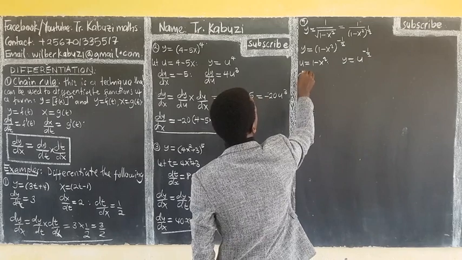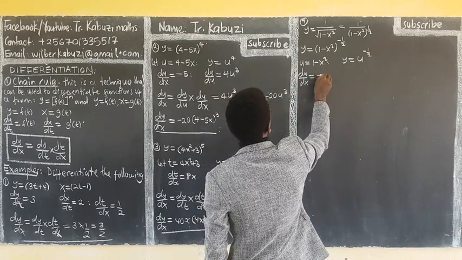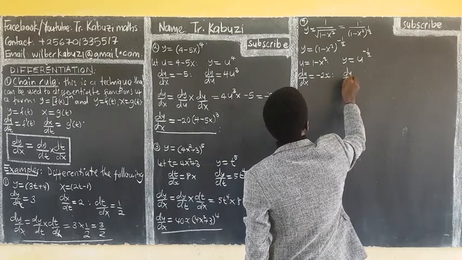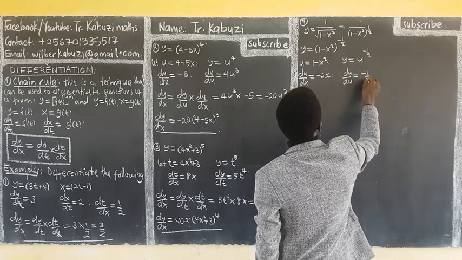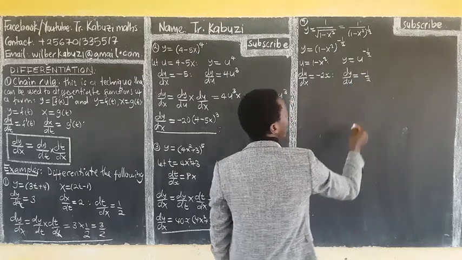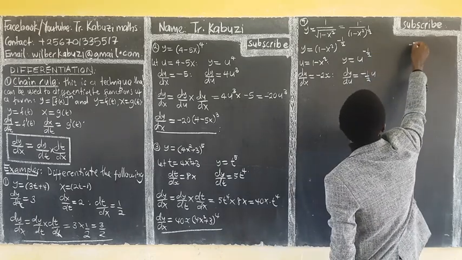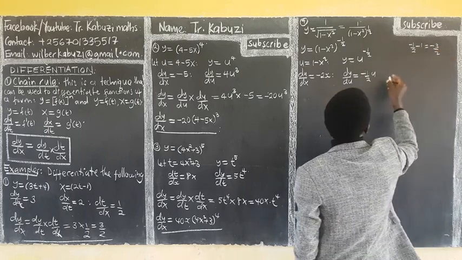So when I differentiate this, I get the du/dx, which will be negative 2x. This one, I'll be having dy/du equal to negative a half. Lower the power, then reduce the power by 1, subtract here negative 1. I'll be having negative a half minus 1, which will be negative 3 over 2.